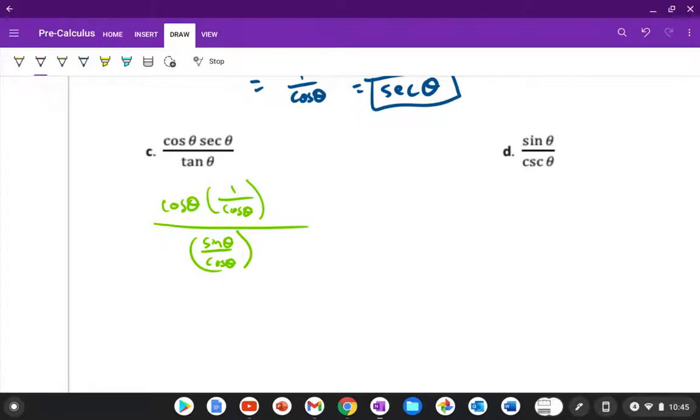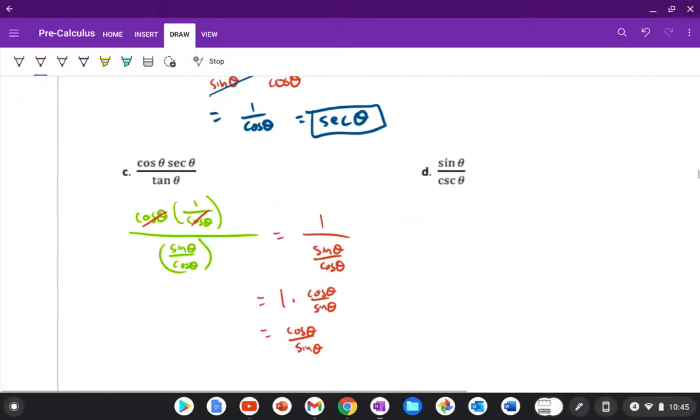So from here, the cosines cancel in that top because when you multiply, those are just going to be diagonal. So we end up with just 1 over sine theta over cosine theta. So for this one, we just want to flip and multiply. So it's just going to become 1 times cosine theta over sine theta, which of course is just cosine theta over sine theta. Doesn't change.